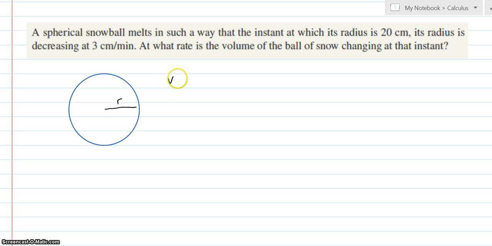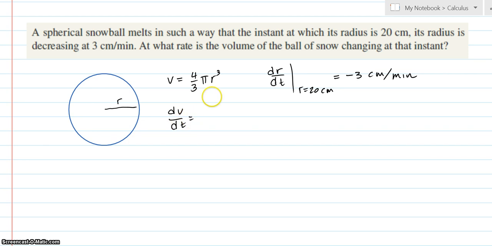We still have the same formula. Volume of a snowball would be 4/3 pi r cubed. We do know that right at r equals 20 centimeters, the radius is decreasing at -3 centimeters per minute. We just don't have that formula, which is okay, because we can still find dV/dt.